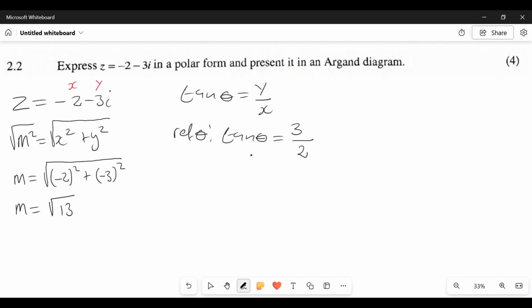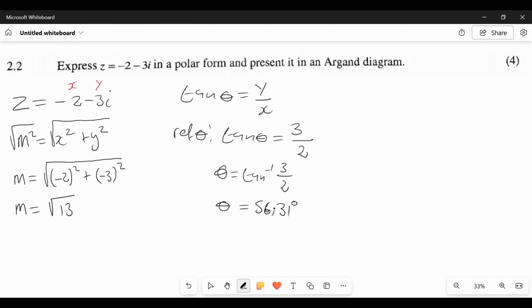Remember, when you calculate the reference angle, you do not insert the signs, especially the negative signs. So you're going to say arctan of 3/2. Your reference angle is going to give you 56,31 degrees.